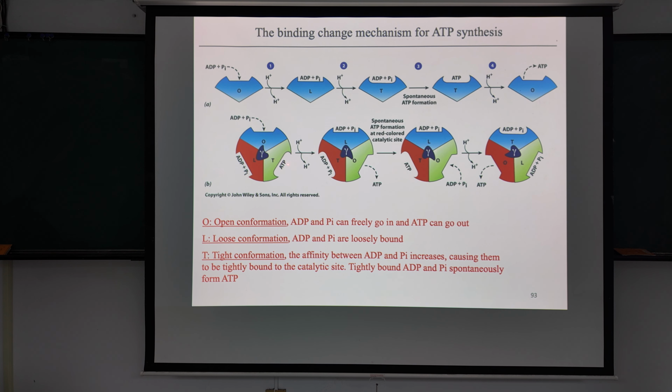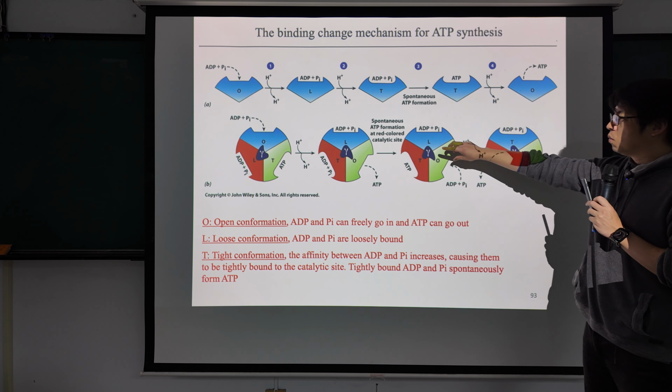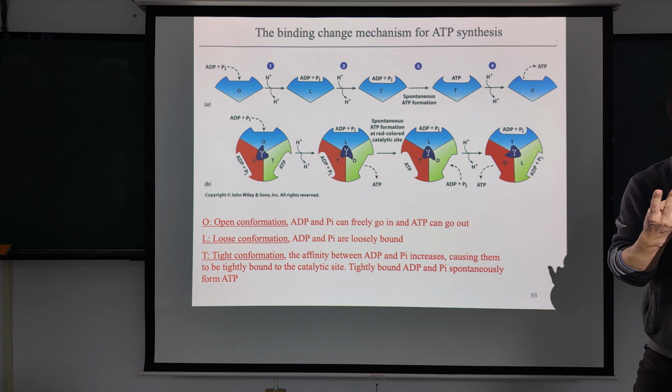After that, it will change to the O conformation again and release the ATP. By rotating this gamma subunit, the alpha-beta pairs change continuously through O, L, T, O, L, T, and generate the ATP, okay? So one turn will generate 3 ATP.